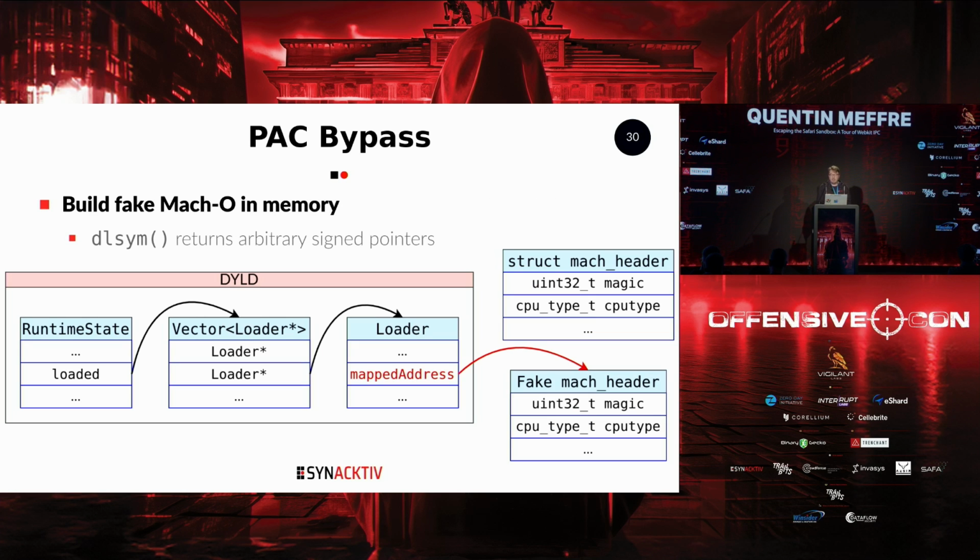But if an attacker is able to compromise this field, then they can make it point to a fake macho, which has, for example, some fake exported symbols, and when the attacker calls the dlsym function, they can make it return arbitrary signed pointers, which is a very powerful primitive.